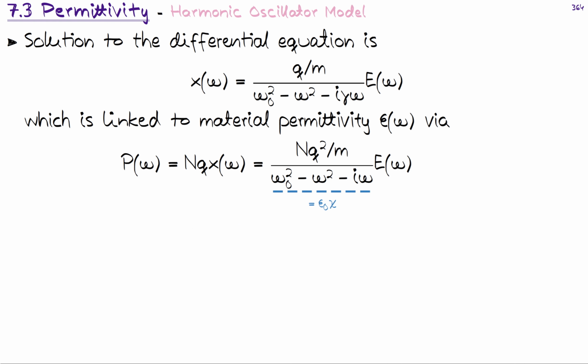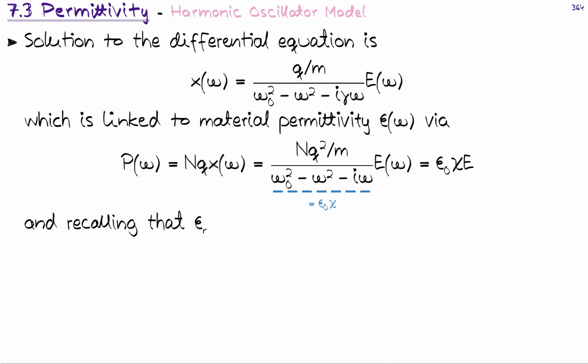So this fraction must be equal to epsilon naught times the material susceptibility chi, because remember, P can also be written as epsilon naught, the vacuum permittivity, times the material susceptibility chi, times the driving field E. Now we have a relation for chi.